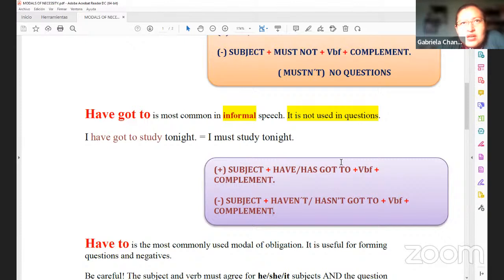But when I travel to Cuenca, I have got to cook every day myself.